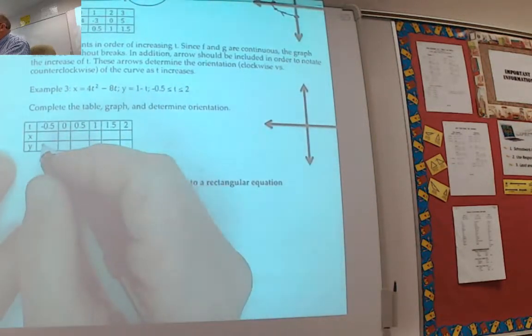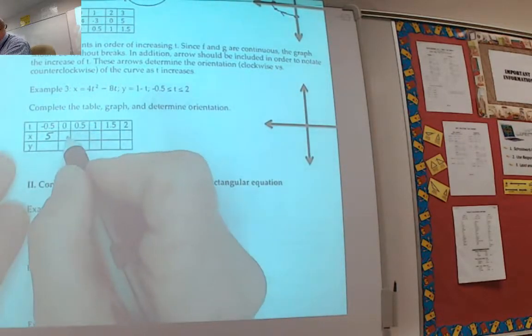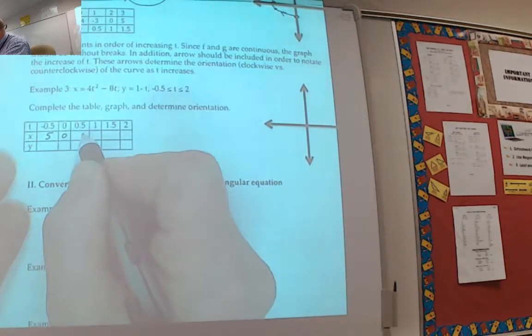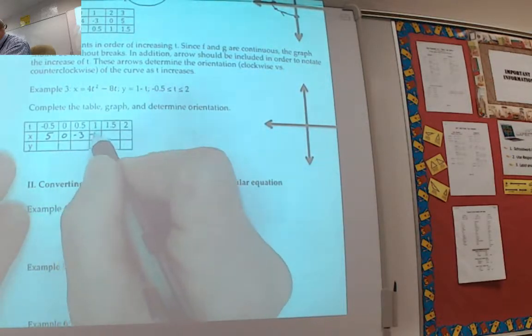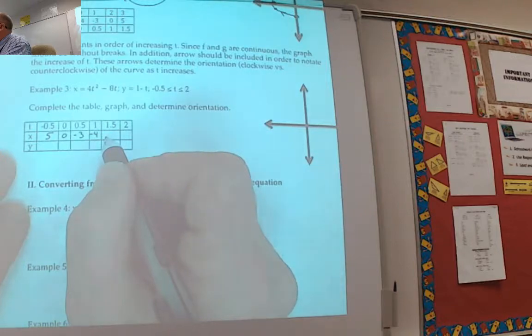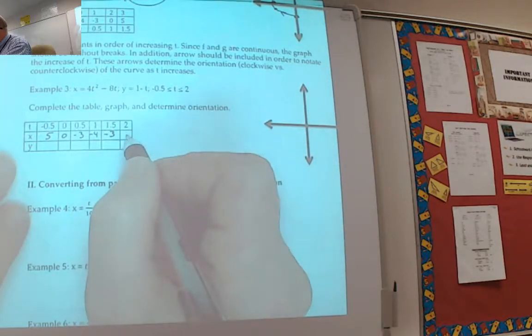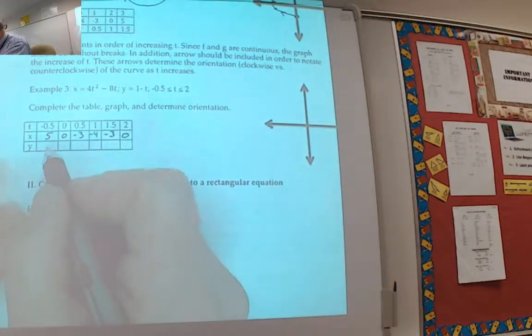So 5, 0, negative 3, negative 4, negative 3, and then 0. Yep. Okay.